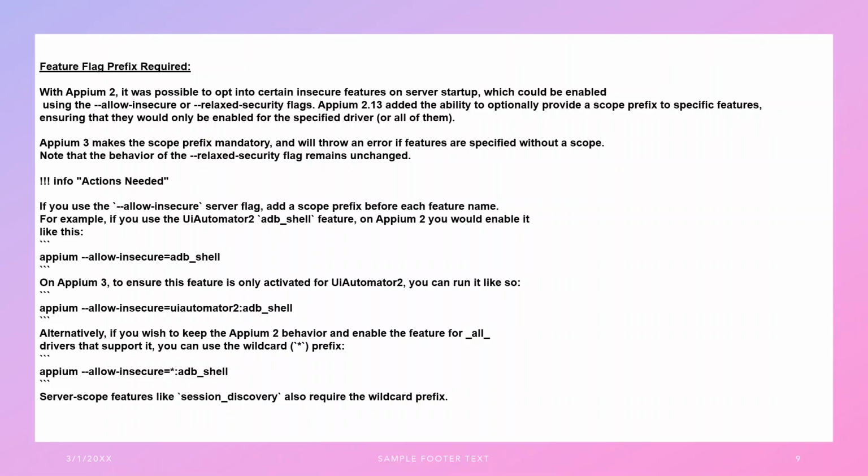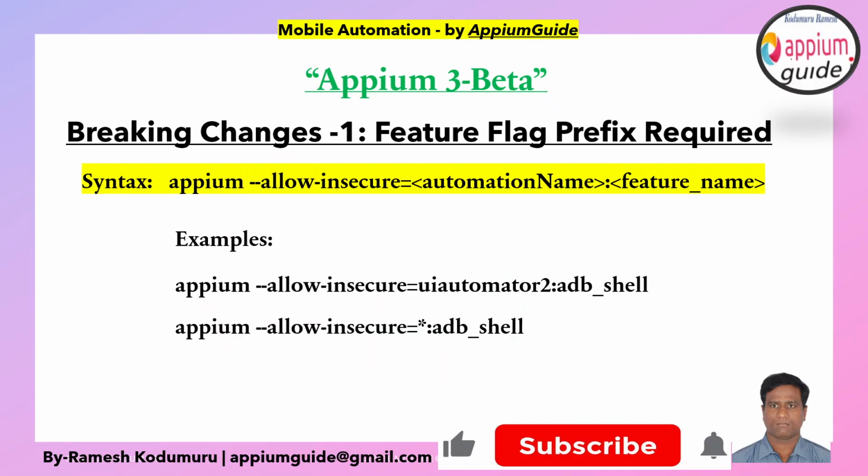In Appium 3, the syntax will look like appium space double hyphen allow-insecure, that argument name, and we need to prefix with the automation name, that is the name of the driver. In case of Android we have to use uiautomator2, and for iOS we have to use xcuitest, then colon and the feature name.